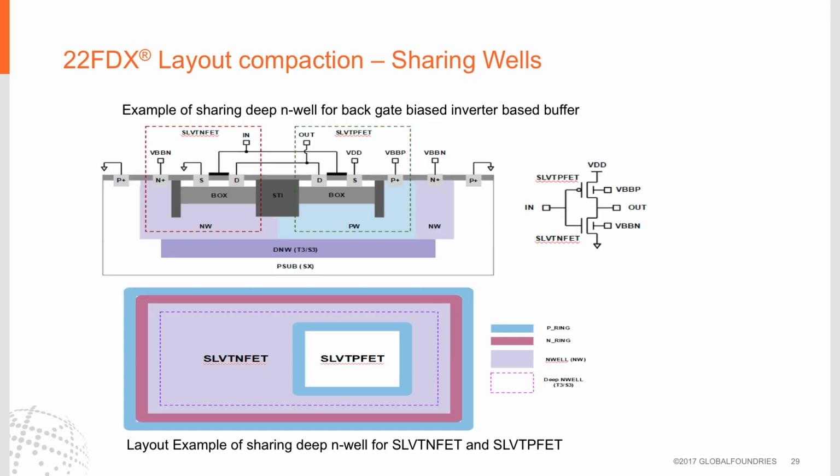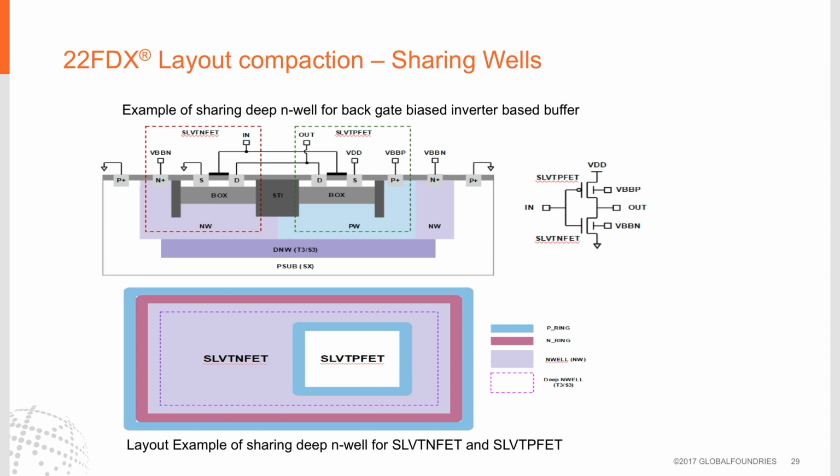Continuing on regarding sharing wells, here's an example of sharing a deep N well for a back-gate biased inverter based buffer. Once again, the cross-section shows the deep N well drawn under the isolated P well of the SLVT PFET and using the N well under the SLVT NFET as part of the isolation of that P well.